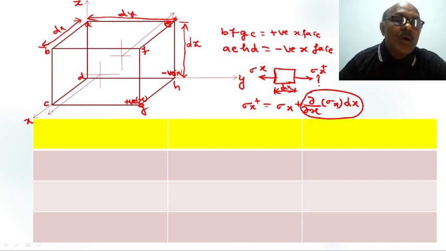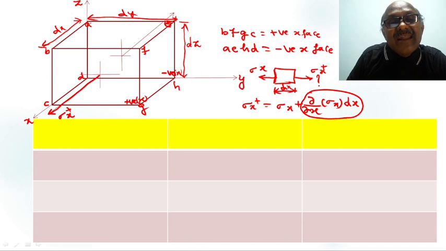Now, when stress is on this phase, this stress is sigma x plus, because it is acting on the positive x phase, my dear students. But it is acting perpendicular to the surface, so it is a normal stress.